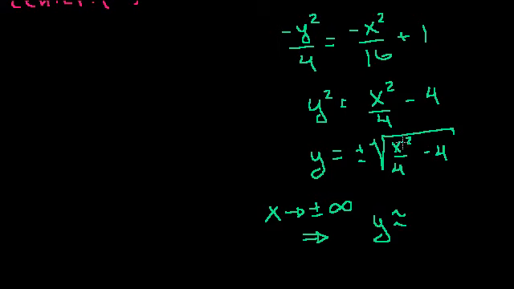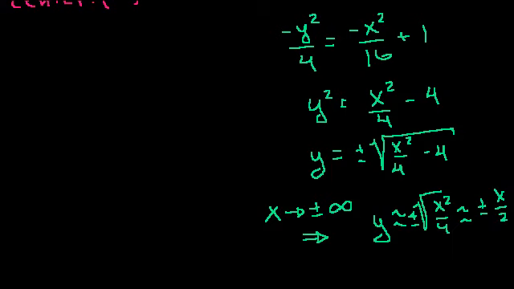You take the square root of that, and so this is going to dominate. As you approach positive or negative infinity, y is going to be approximately equal to the positive and negative square root of x squared over 4. So y would be approximately equal to positive or negative, what's the square root of this? x over 2, or 1/2 x.